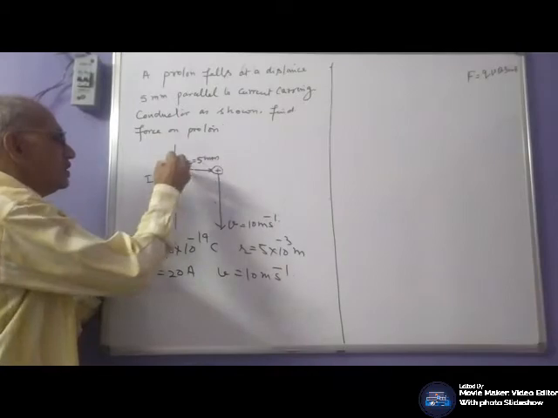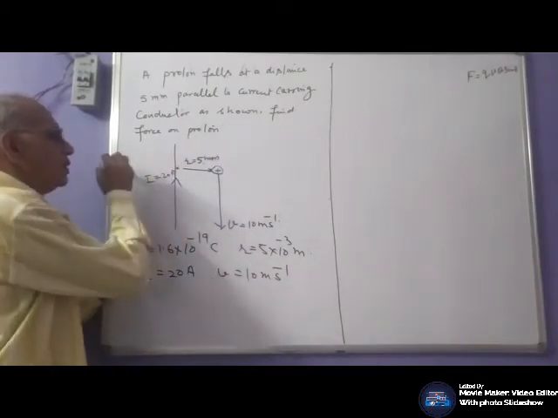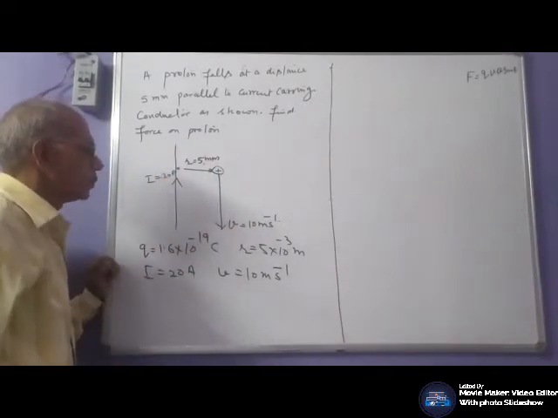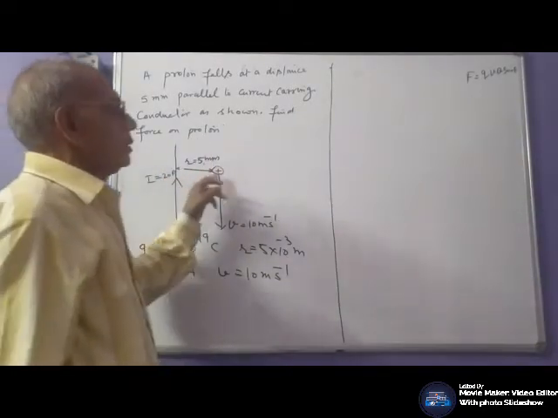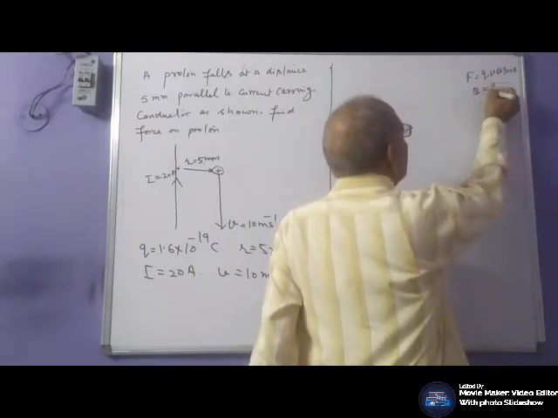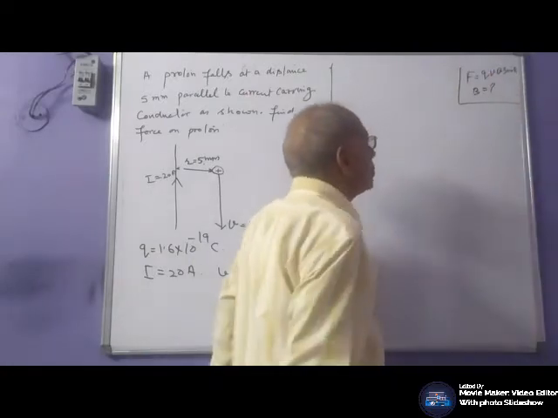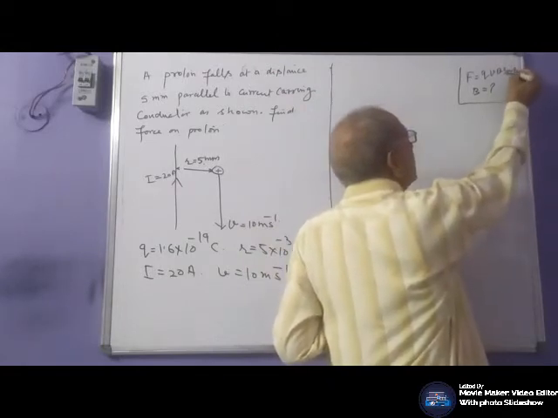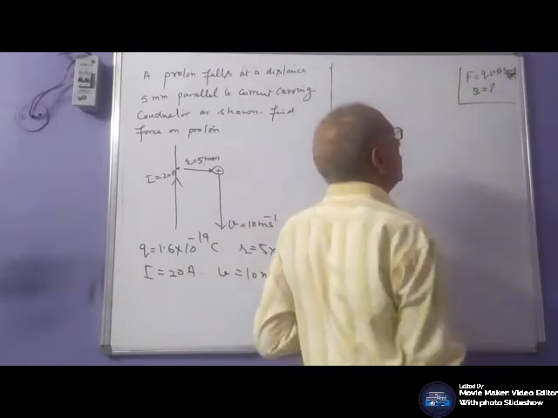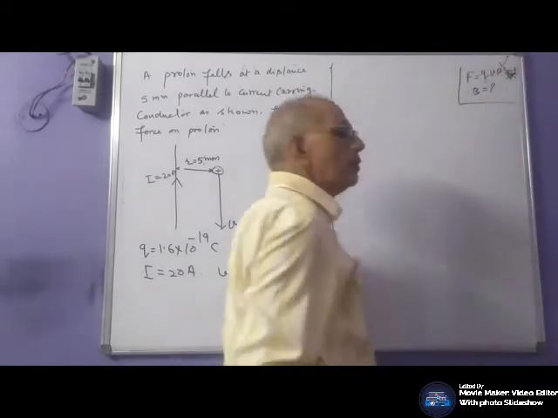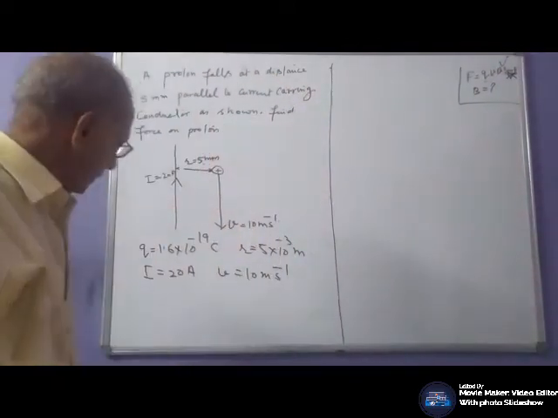If this is the direction of current, then this will be perpendicular direction of B. तो B find out करिए पहले. Force अपने आप आ जाएगी, 90, perpendicular 90. So Q given, V given, find B from any formula.